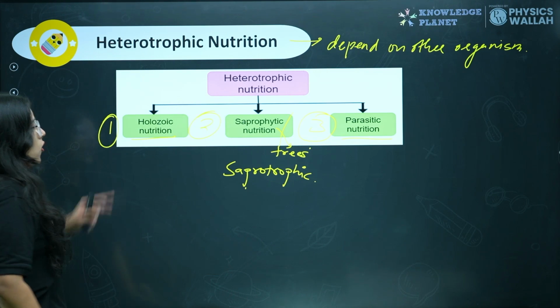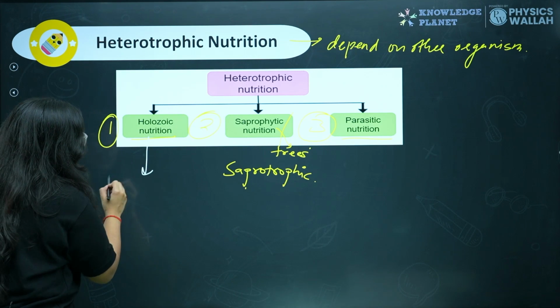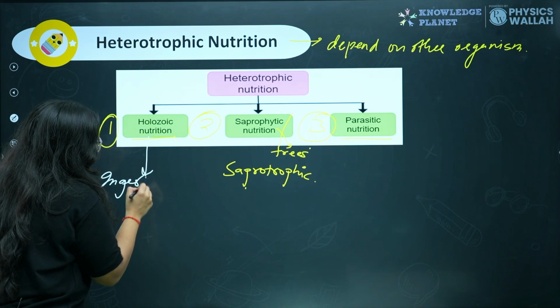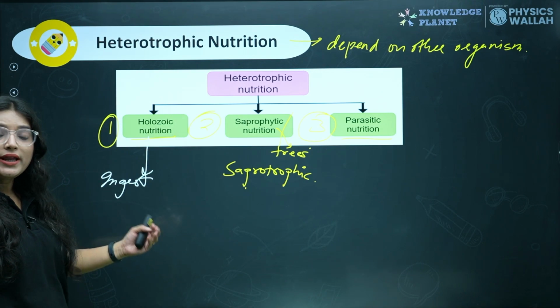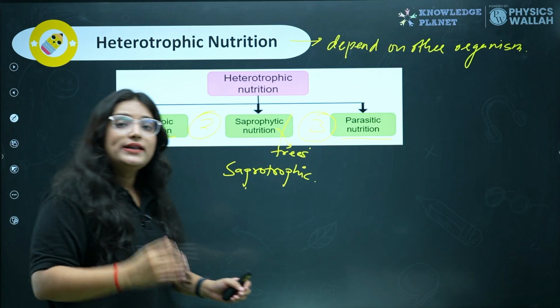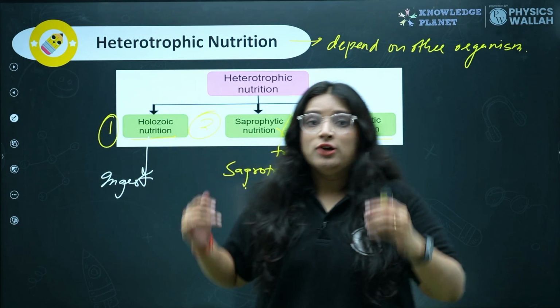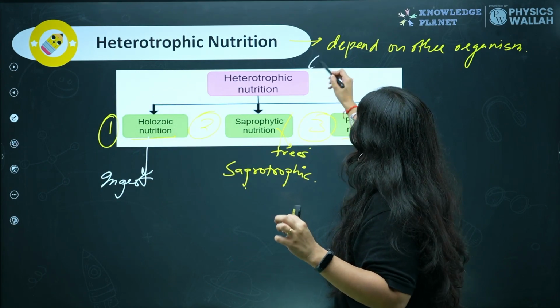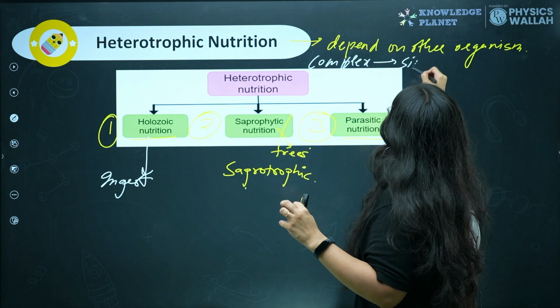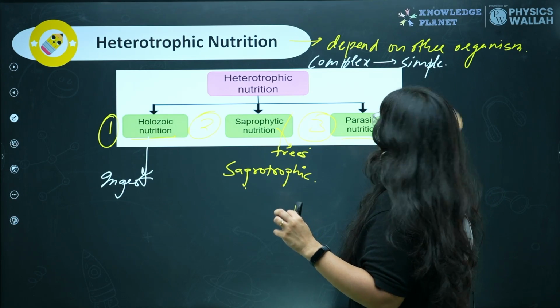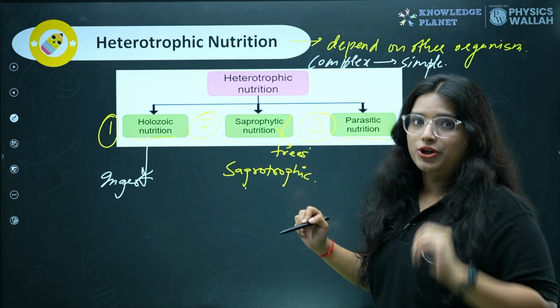So here holozoic nutrition means they ingest the organic matter from the surrounding and then they break it down inside their body. So the main purpose here is that the complex matter will be broken down into simple matter so that they can obtain energy.